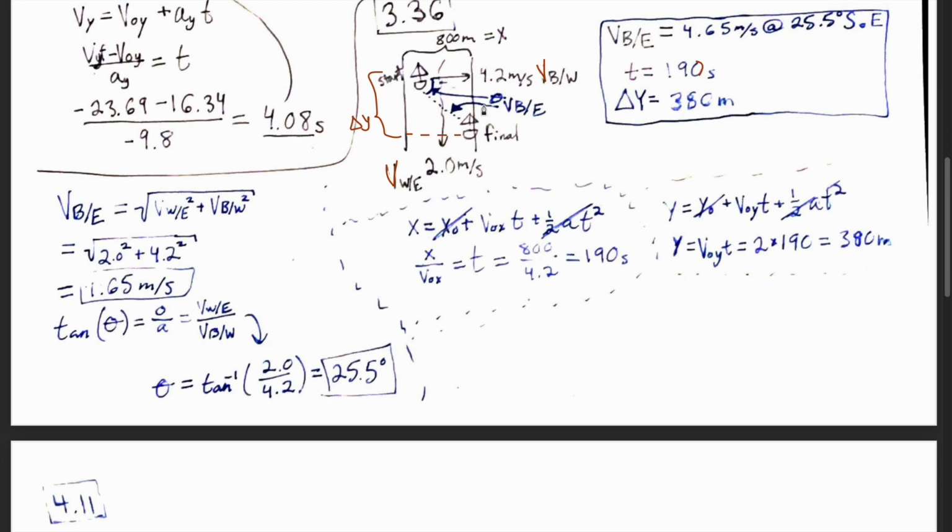So first, let's figure out the velocity. Because, of course, this is a lovely triangle, this velocity here is going to be a squared plus b squared equals c squared. So here, we have that written down. I can't remember what this number is here.